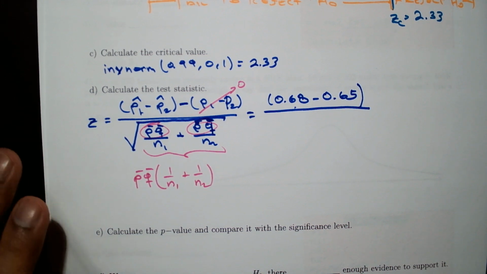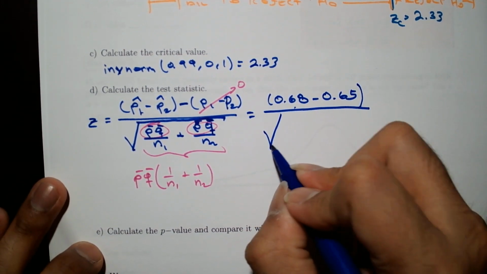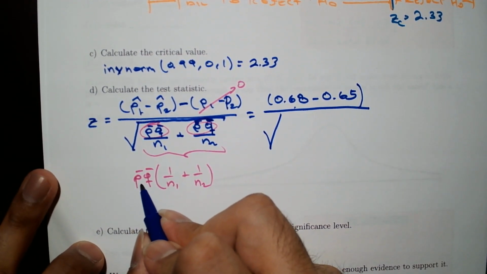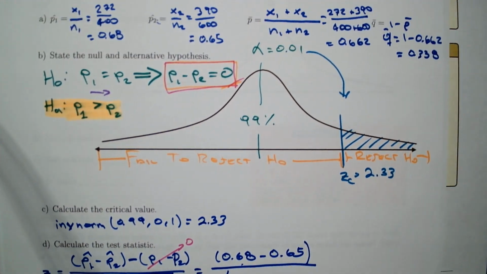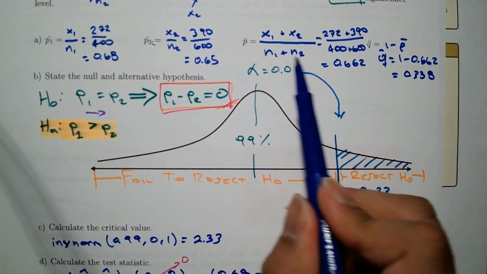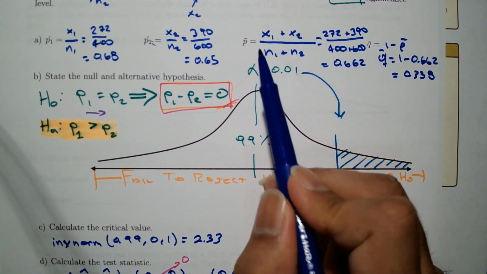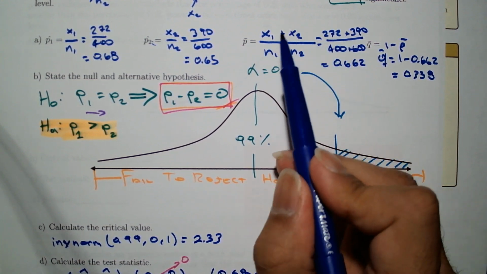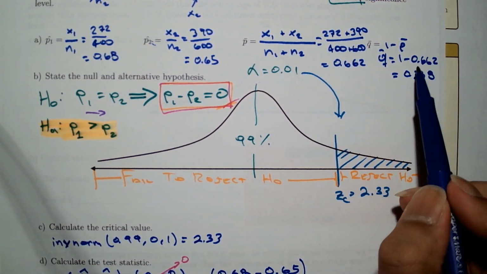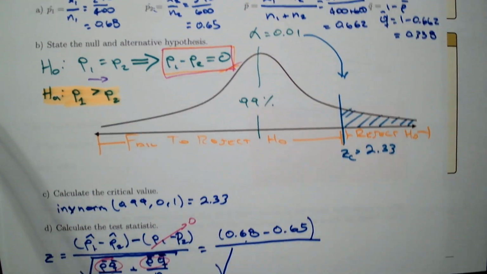So what I'm going to do here in this case, P bar, Q bar, we found those numbers here. P bar, which is the combined proportion or the pooled proportion, and its complement Q bar.